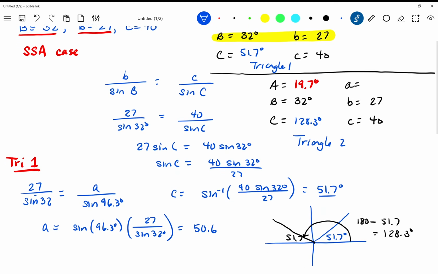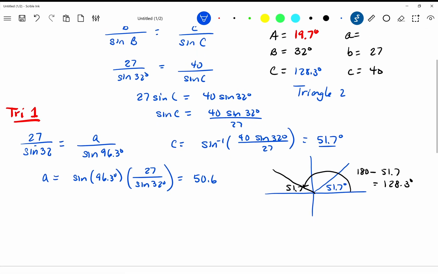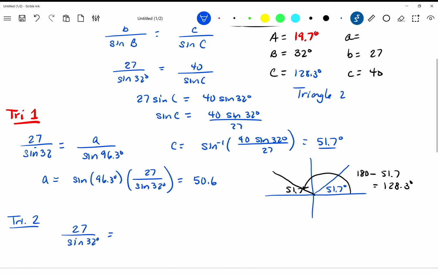Now we'll come over to triangle number 2, trying to keep everything in view here. Again, I'm going to use the given ratio, 27 over sine 32. The numbers are nicer. And I'm going to have A over sine of 19.7.